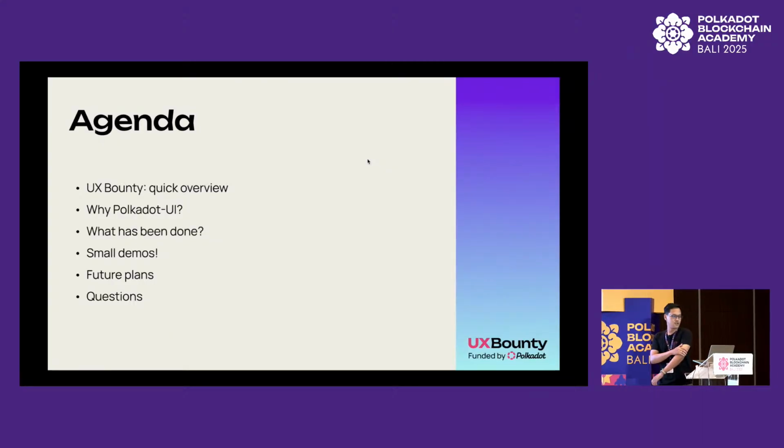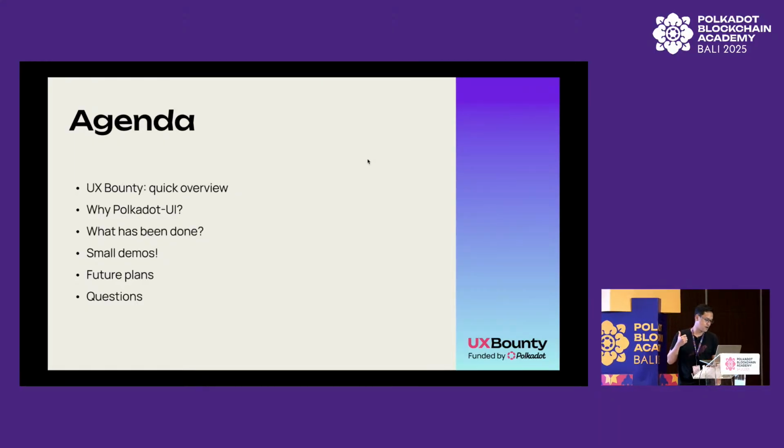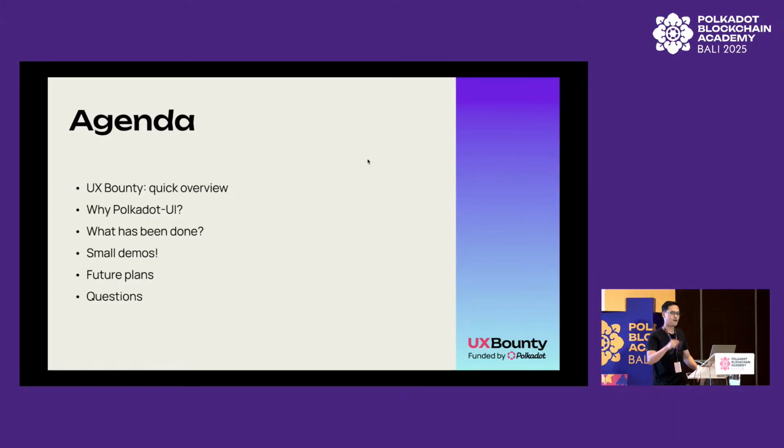So the agenda for this presentation: I'm going to give you a quick overview on how this project is possible. It started with UX Bounty, a quick overview, and then I will explain why we are so focused on creating this library. I do have to note that it has only been in development for 2 months, built by 2 guys, so it's still a work in progress and very alpha.